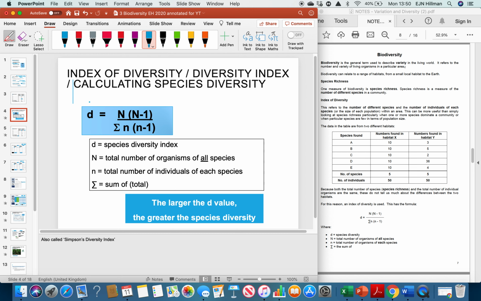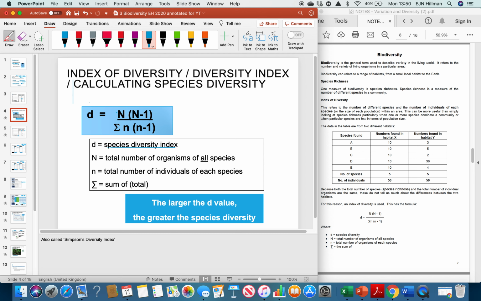D is the index of diversity, or the species diversity index, diversity number. Okay, sometimes this is called the Simpson's diversity index, but I think in most cases, in your notes and in textbooks for A level, you'll see it as just the index of diversity.